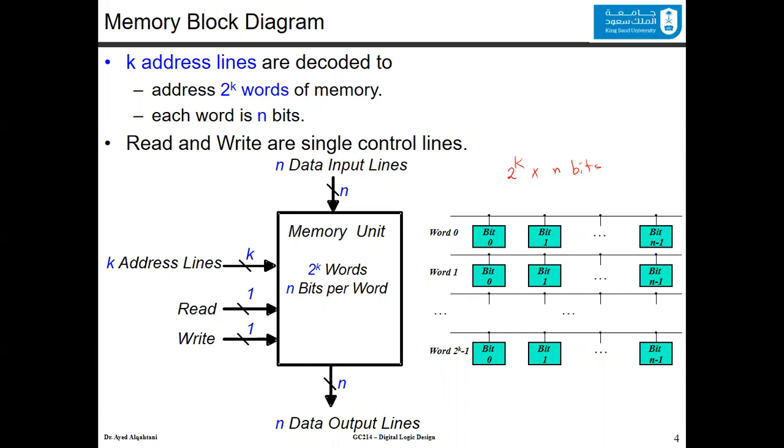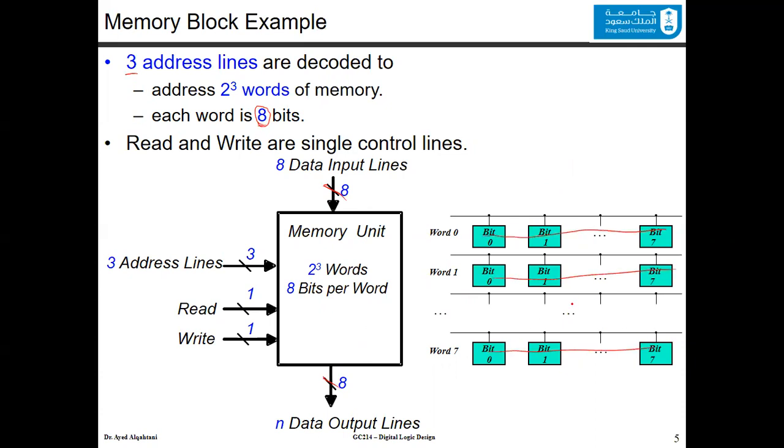To see an example, let's consider k equal to 3 and n equal to 8. The easy one is n. Since you have 8 bits, it means that the data input is 8, and the data output is 8, and you have for each word 8 bits, starting from 0 to 7.